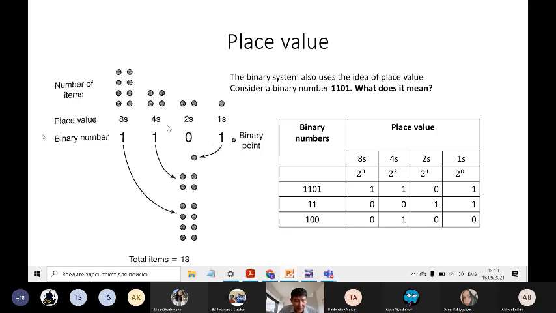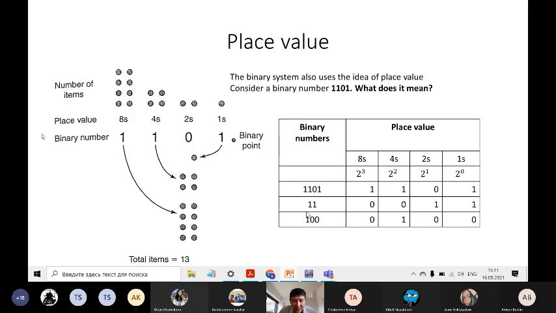Now you can understand this number 1101 in terms of a decimal number. This gives us 1 item. Here we have 0, so we don't have items. Here we have 4 items, and on the first position we have 8. So this represents 13.